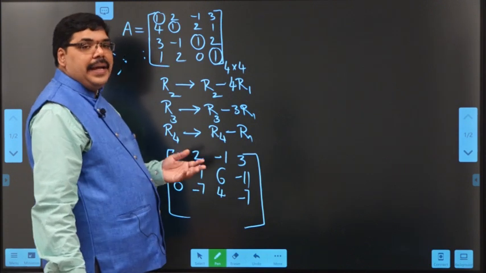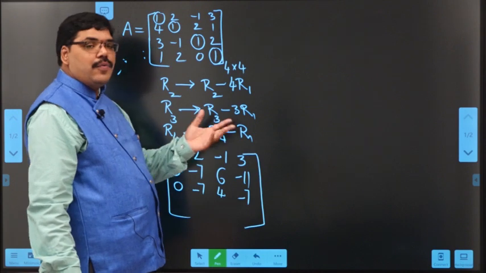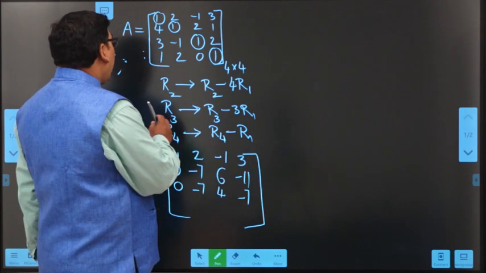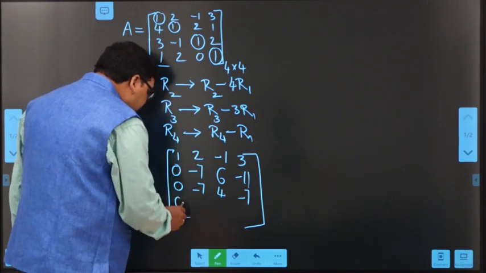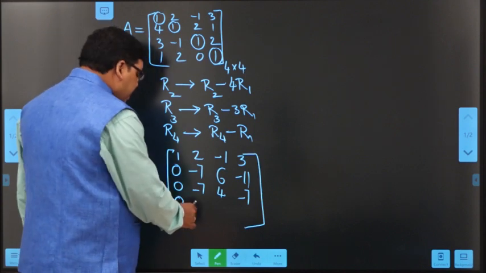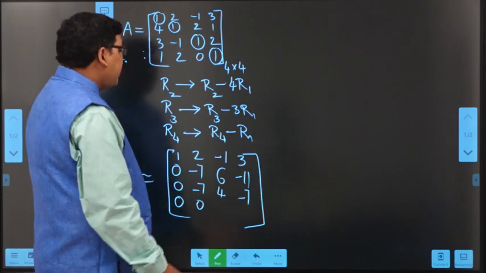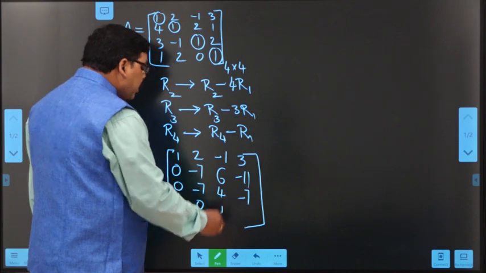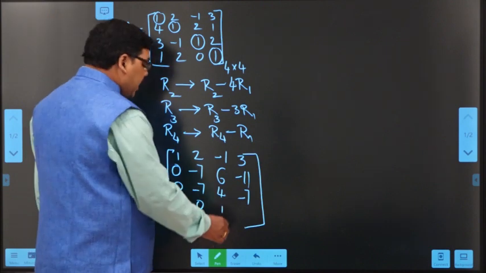So similarly apply R4 implies R4 minus R1. 1 minus 1, 0, 2 minus 2, 0, 0 minus minus 1 plus 1, 1 minus 3, minus 2.